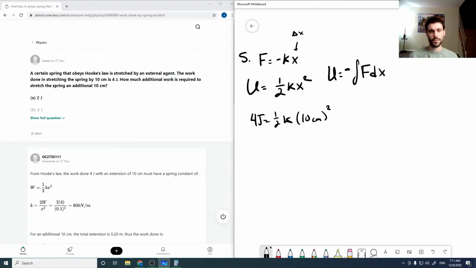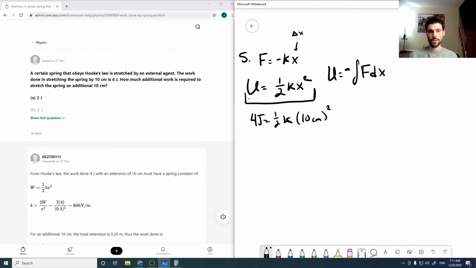Now, I guess this assumes that we're starting from x naught, but we don't need to, because in essence what this expression is telling us is that for every x we move, we increase our energy by a squared amount. But in any case, we can leave this like this.